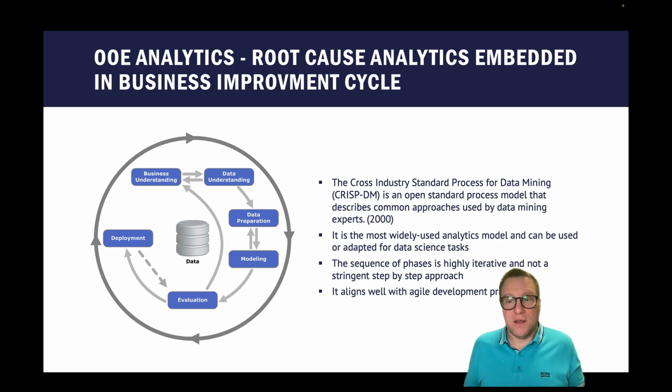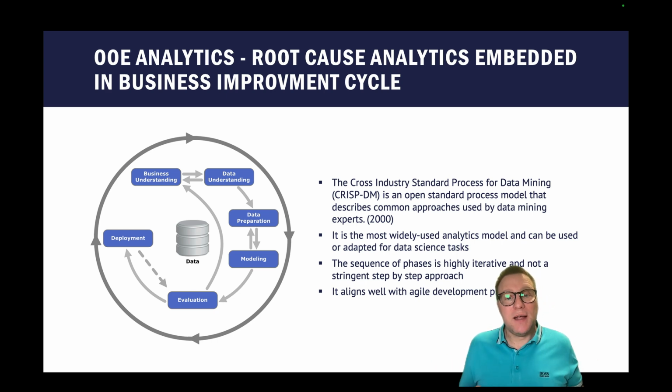You have to work together with your shop floor people, with the people really on the machines, to understand what's happening there. Maybe you have to work together with the engineers producing the machines, and this kind of cycle is depicted here as the cross-industry standard process for data mining. It's a really old cycle, but in this case, it's a wonderful approach to optimize your OEE.